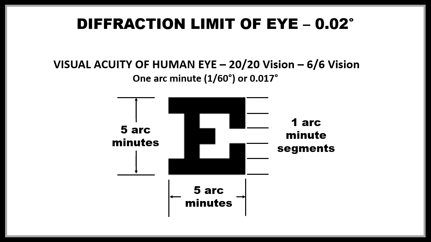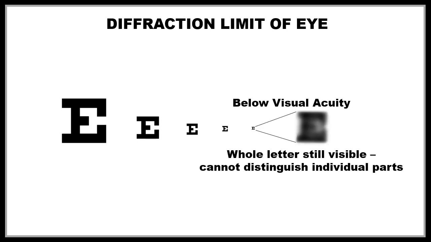0.017 degrees. Now I'm going to use this letter E to show how the letters in that row are designed. So they are 5 arc minutes high, 5 arc minutes wide, and then horizontally and vertically they are divided into 1 arc minute segments. Now I'm sure flat earthers have had eye tests, so they know that you read down the lines, and as they get smaller and smaller, you finally get to a row where you cannot distinguish what the letters are.